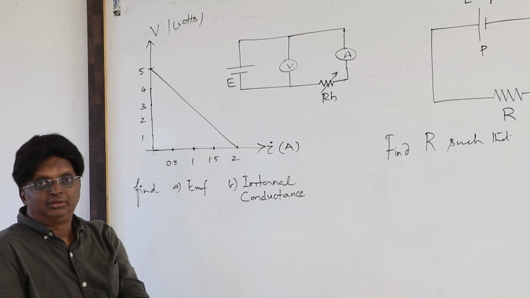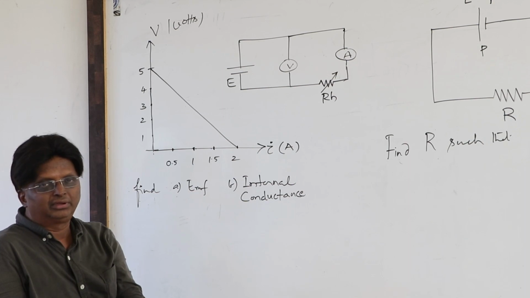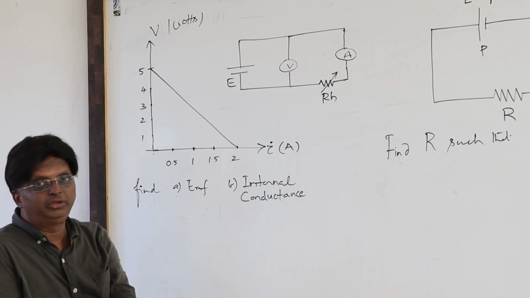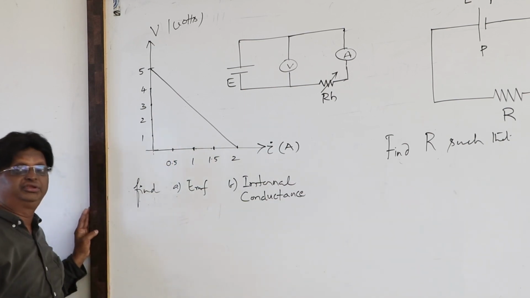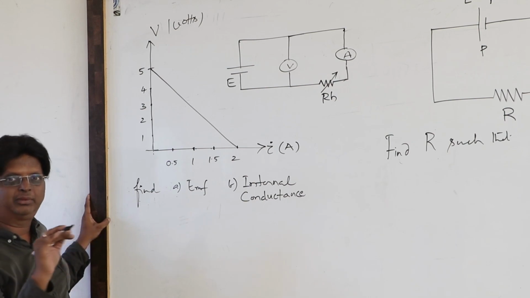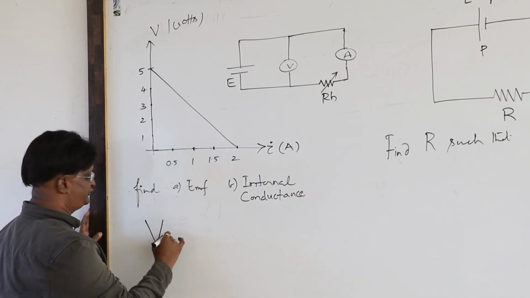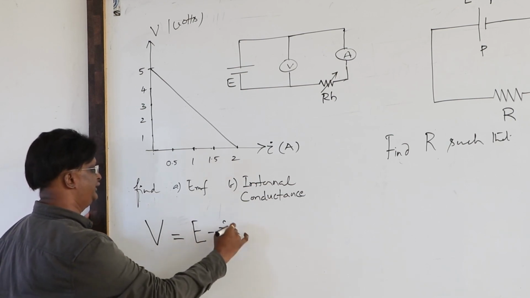In the last sessions we have seen the reciprocal of resistance is what is called conductance. Remember the unit? Siemens, ohm inverse, mho, like that. Now, the solution is, as I have told you, whenever cells are given, we begin with our relation of terminal voltage V is equal to E minus Ir.